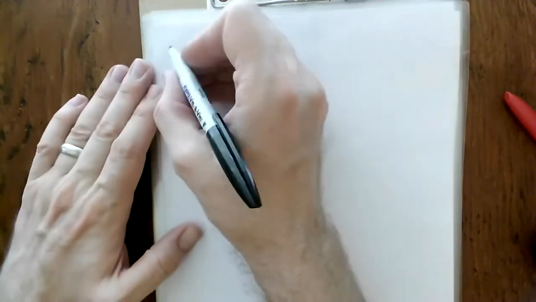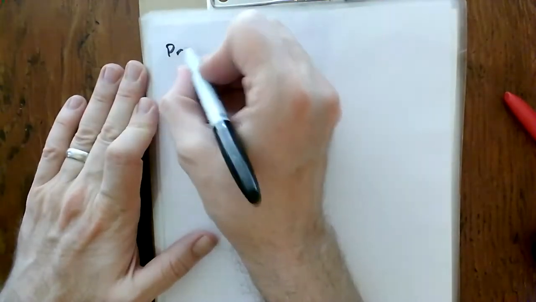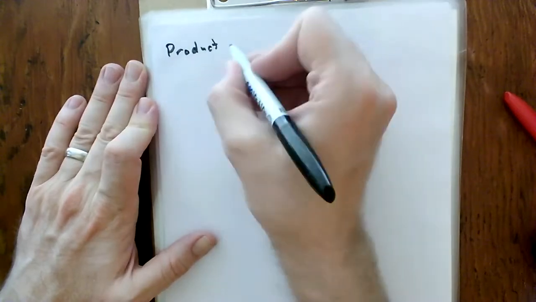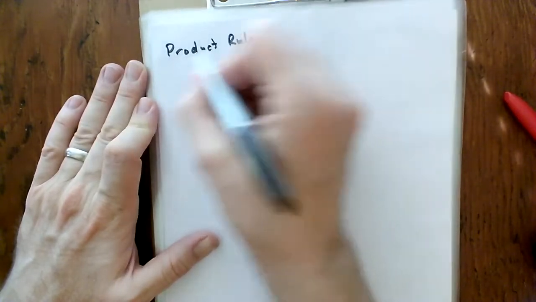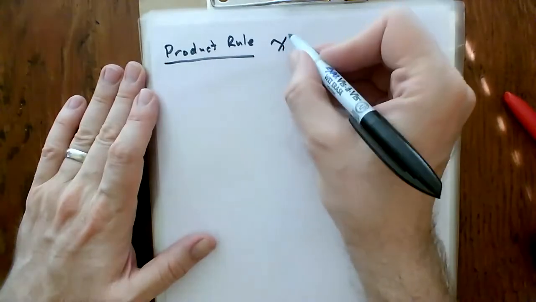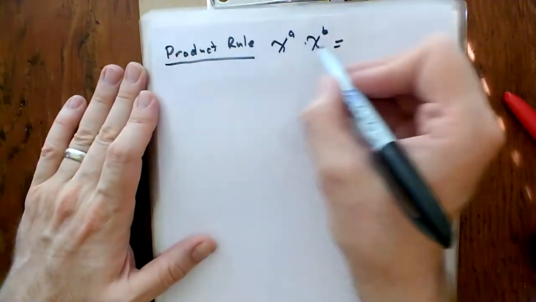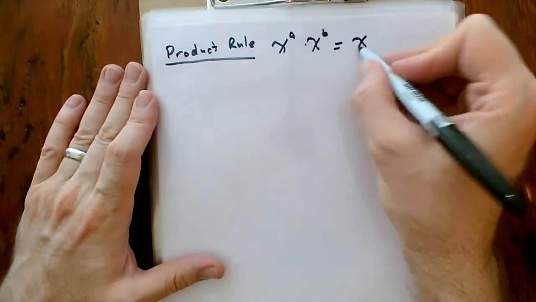Now, let's talk about some of the rest of our rules. One of the first things we should talk about is what we call the product rule. Anytime we're multiplying together any two things with the same base, we're just going to add together our exponents.